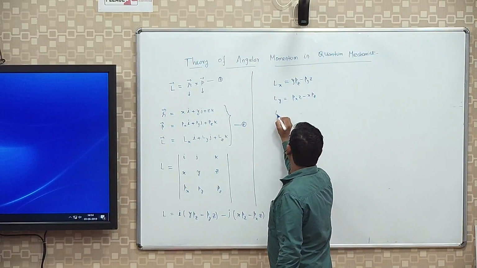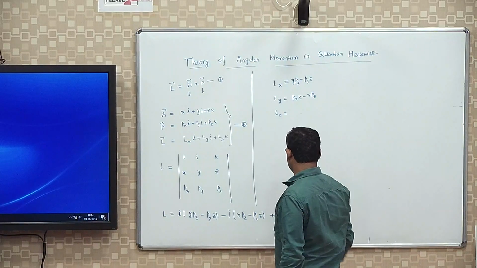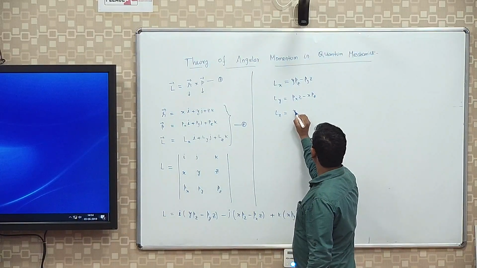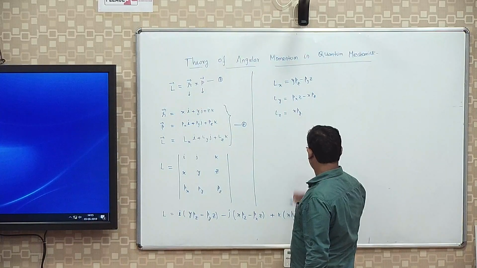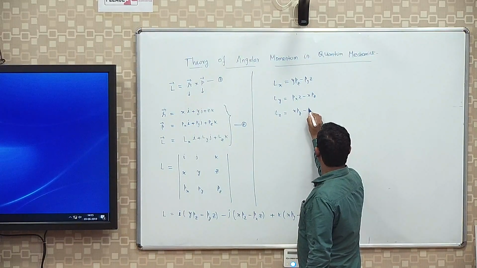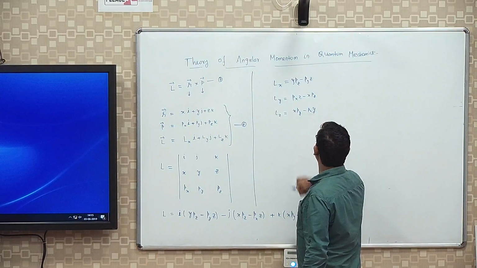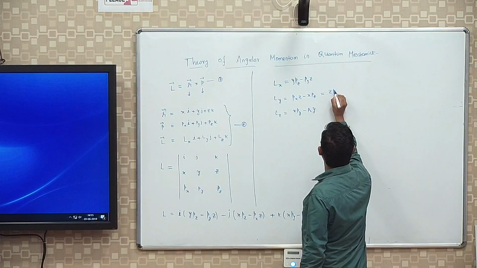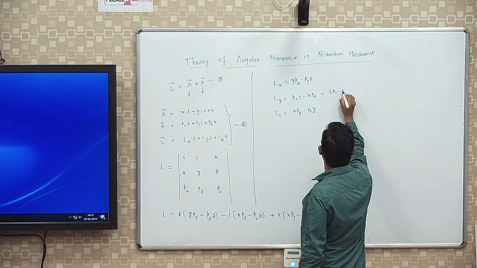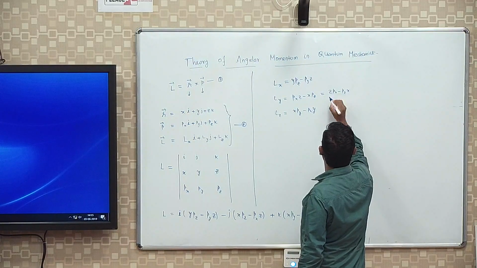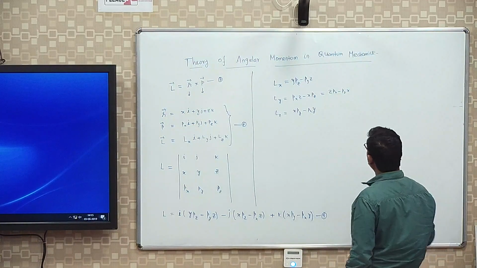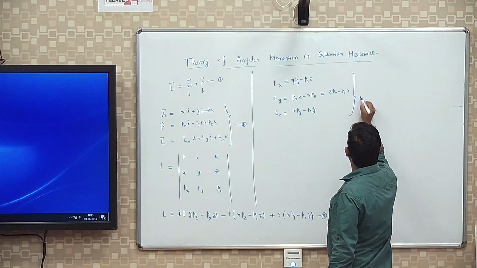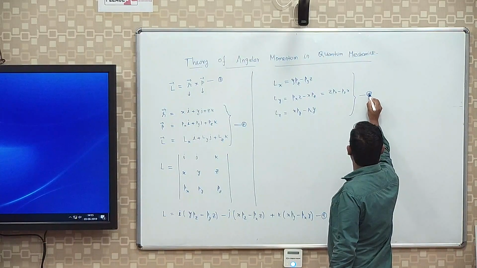And Lz is written xpy minus pxy. This can be written zpx minus pzx, there is no problem, and this is equation number 10.